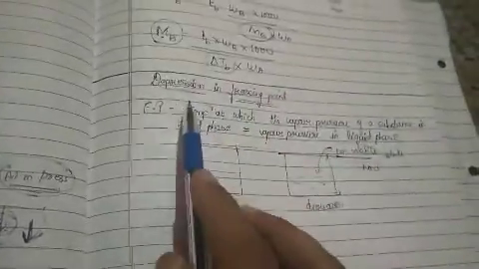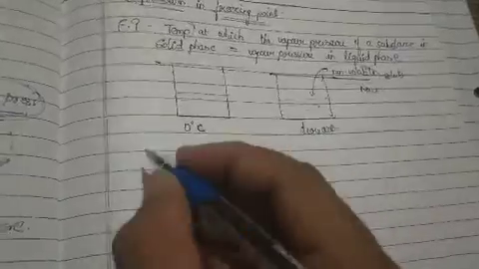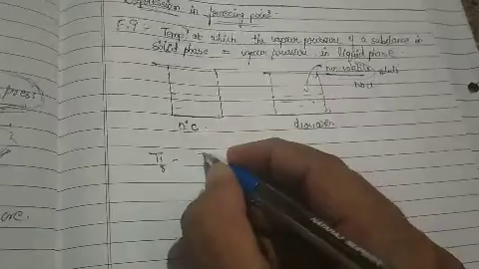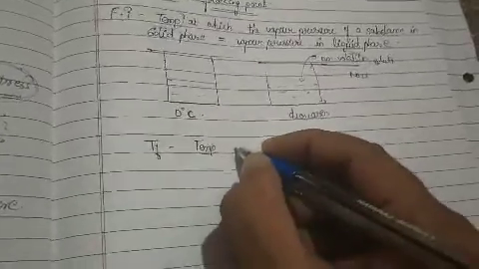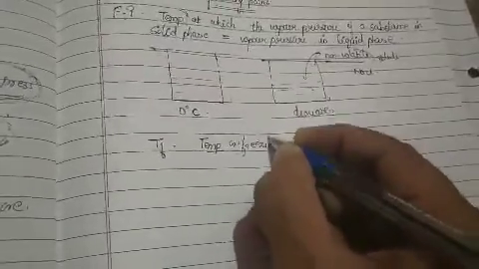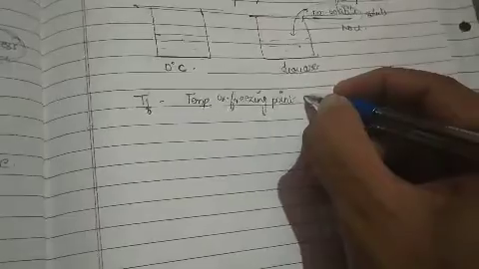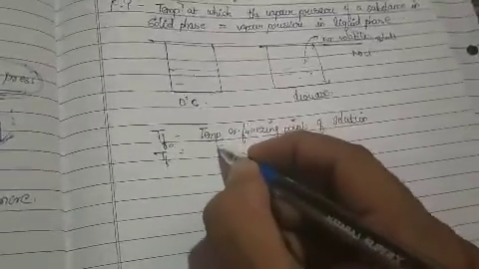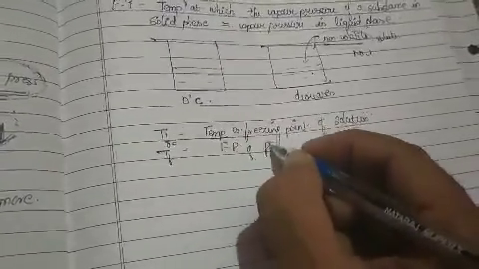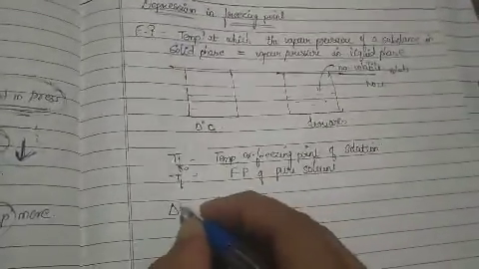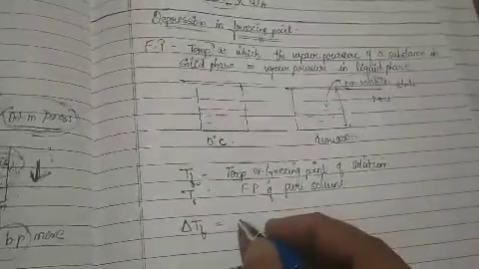Coming to the definition of the depression in the freezing point, if I consider Tf as the temperature or the freezing point of your solution, that is your solvent plus your non-volatile solute, and Tf naught as the freezing point of your pure solvent, then of course what you can write is delta Tf is equal to, how will you write?